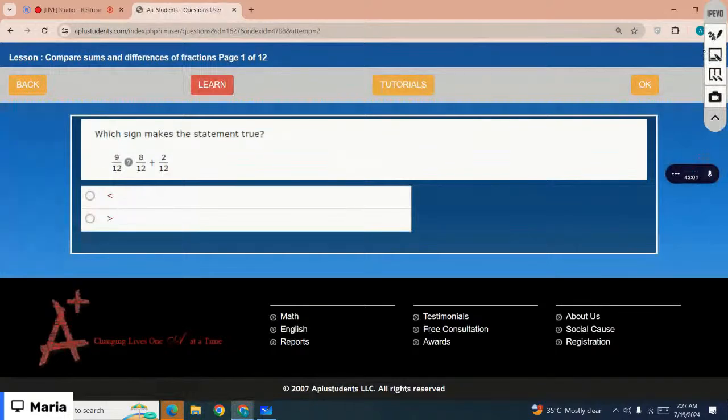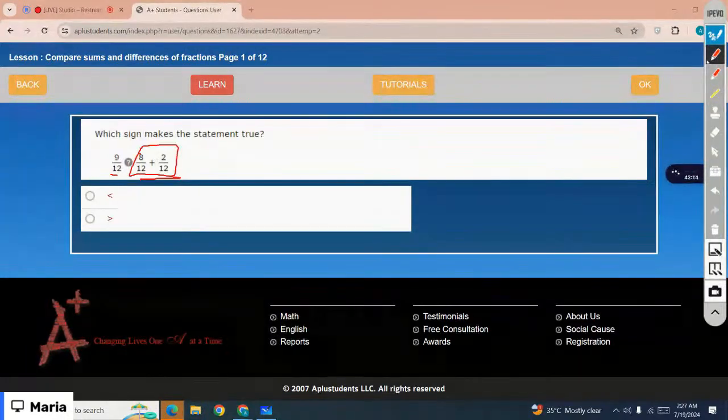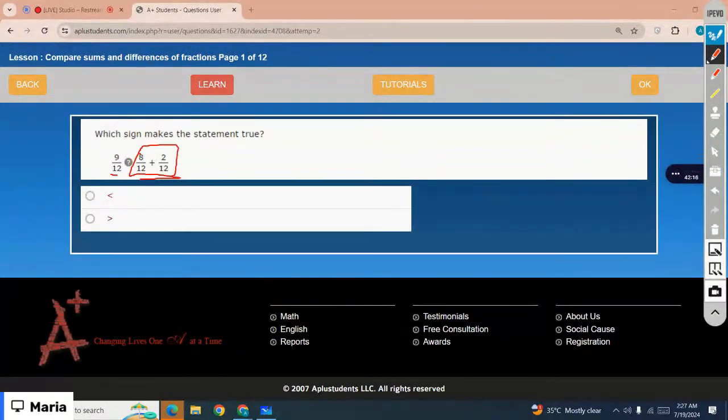Okay, you have to see which sign makes the statement true. Here you have 9 over 12, and here you have 8 over 12 plus 2 over 12. So you need to solve this side first. They have like denominators, so simply solve. Add the numerators. 8 plus 2 is 10. That is 10 over 12.